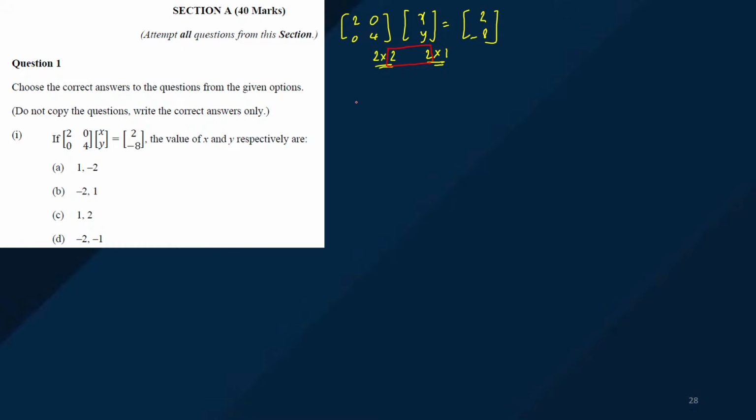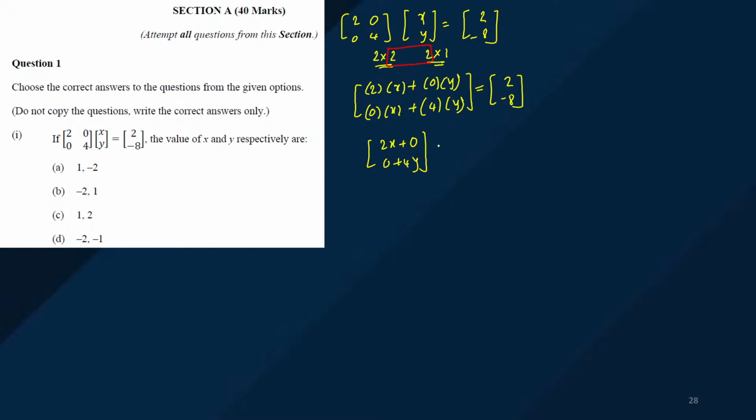So when I multiply this, I will get the matrix as 2 into x plus 0 into y, then 0 into x plus 4 into y, that is equal to 2 and minus 8. So here I get 2x plus 0 and 0 plus 4y, that is equal to 2 and minus 8.